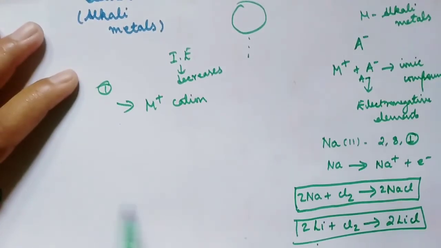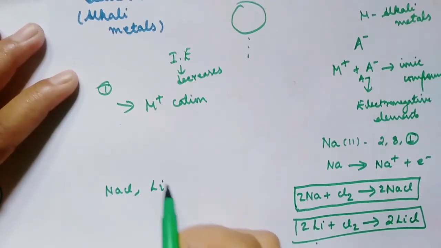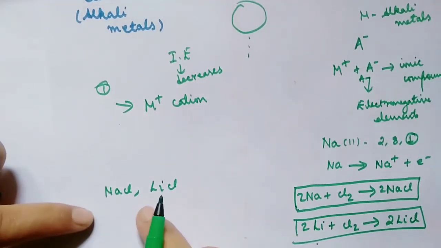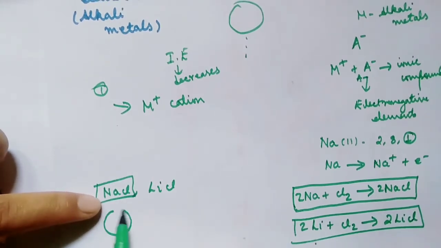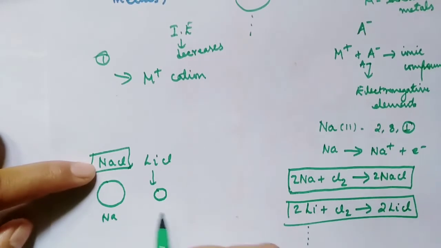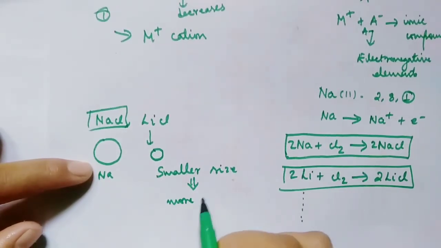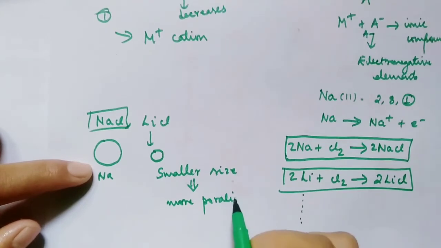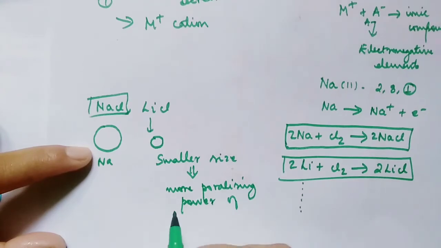For example, sodium chloride and lithium chloride, which one is more ionic? Obviously sodium chloride, because the size of sodium is larger as compared to the size of lithium. Smaller the size implies more polarizing power of the cation.